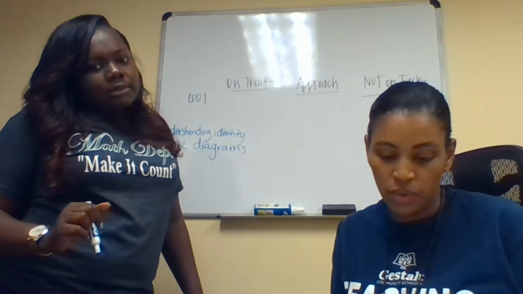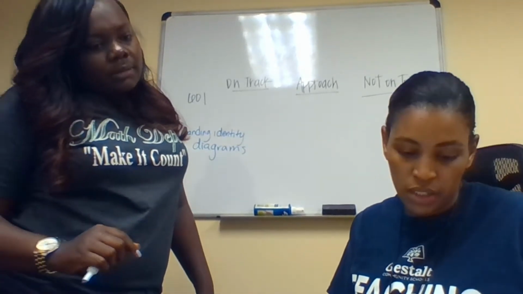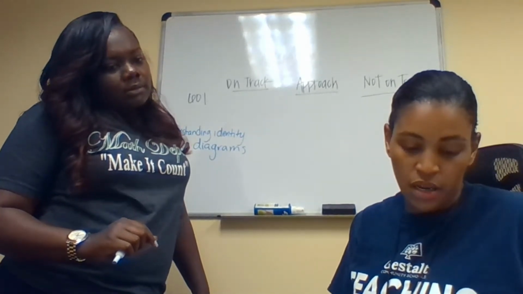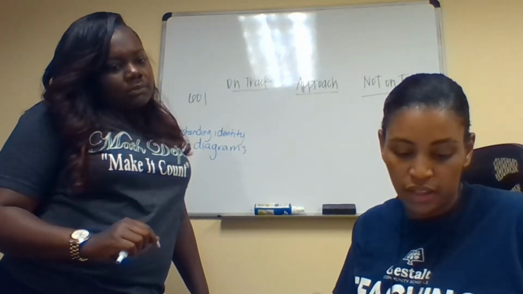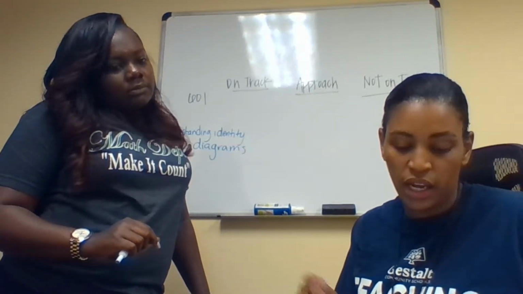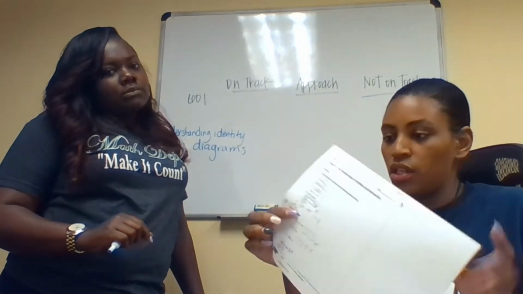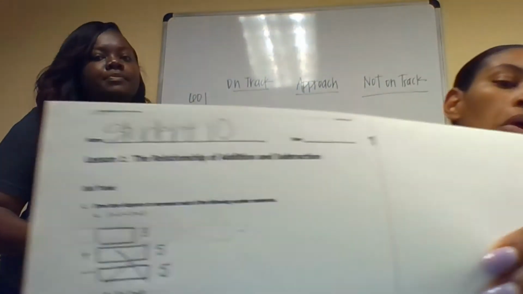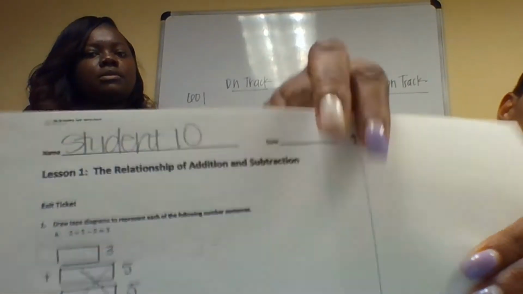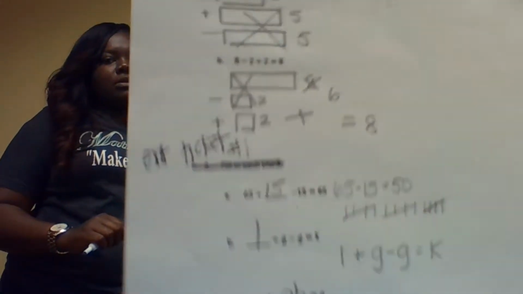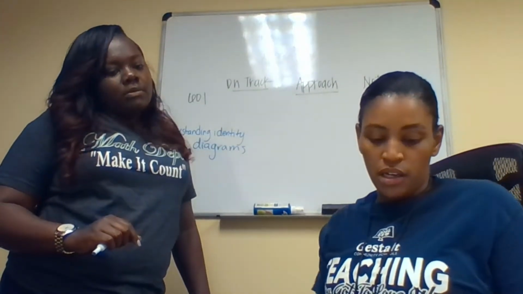All right, so the next one we have some bar diagrams, and it's kind of like they're doing the bar diagrams in operations. So they start out with 3. Do I need to show it? Yeah, you can show them. They start out with 3, and then they know to add 5 with the bar diagram and subtract 5.